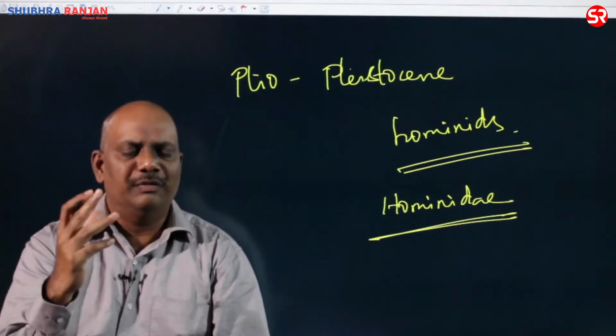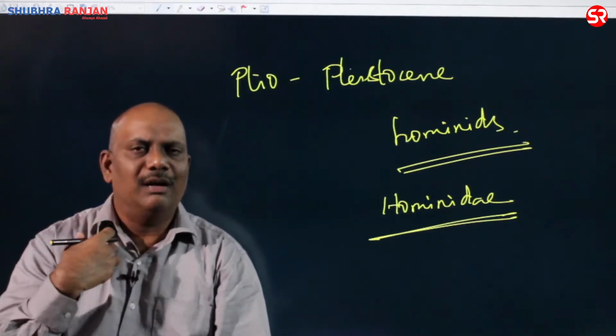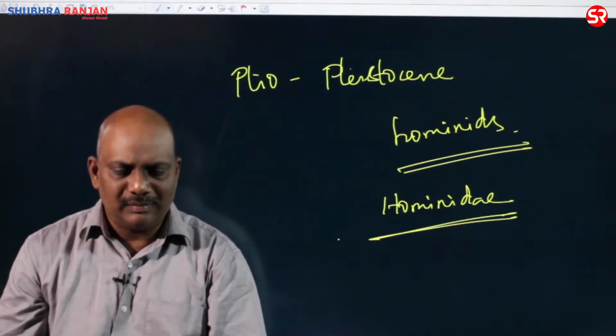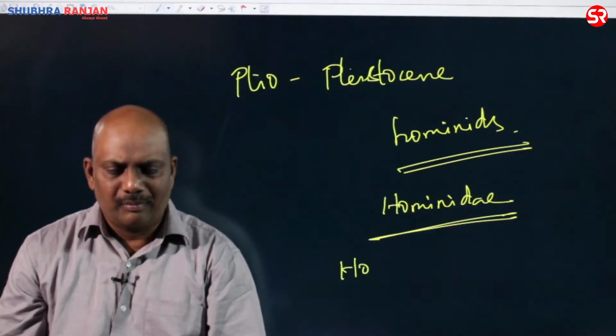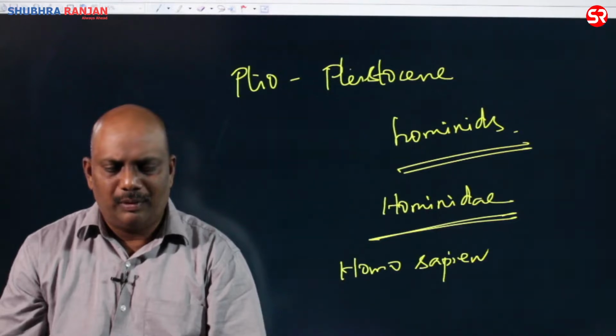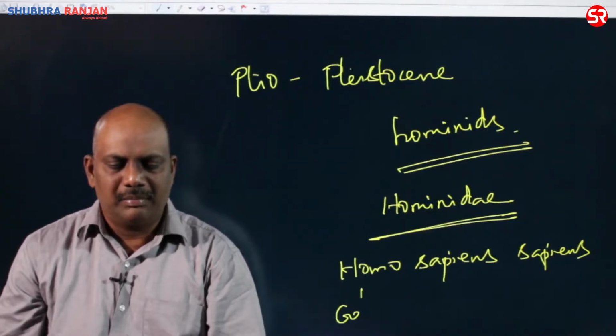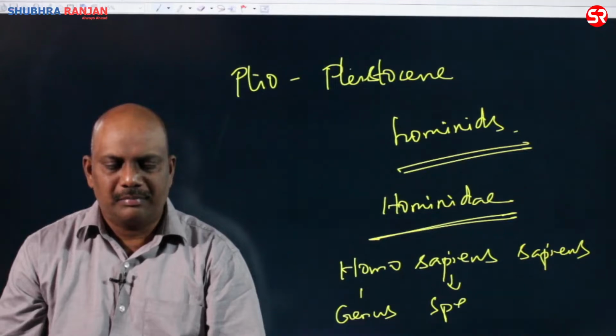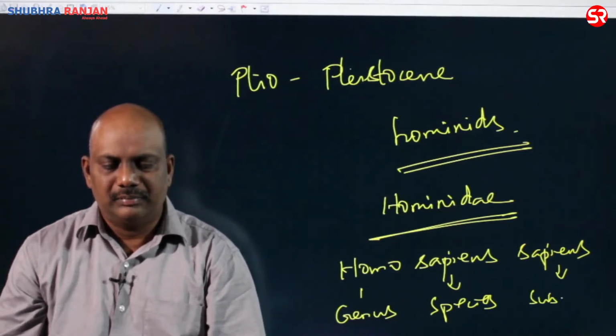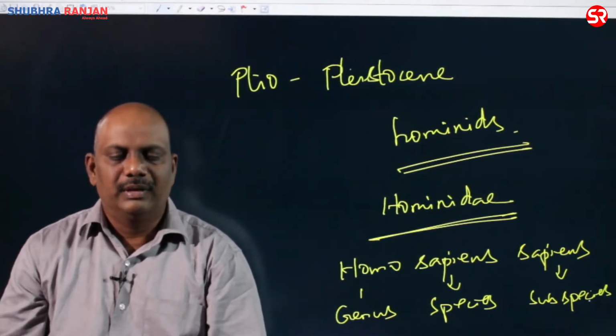So we belong to the family Hominidae and our scientific name is Homo sapiens sapiens. This is the genus name, this one the species, and this the subspecies.